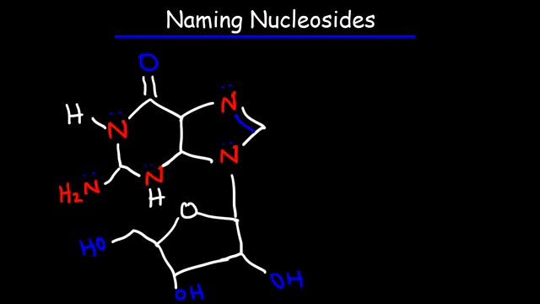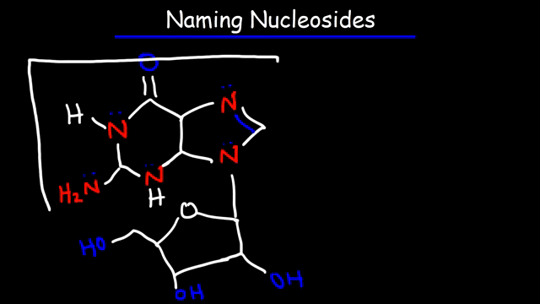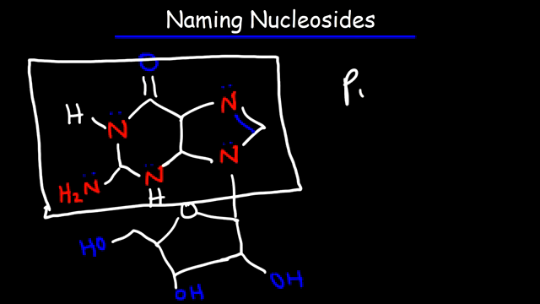Now let's talk about naming nucleosides. How would you name this particular nucleoside? So the first thing we need to do is identify the type of nitrogenous base that we have. Now based on the structures that we drew earlier, what kind of base do we have? Well, first, is it a purine or is it a pyrimidine?